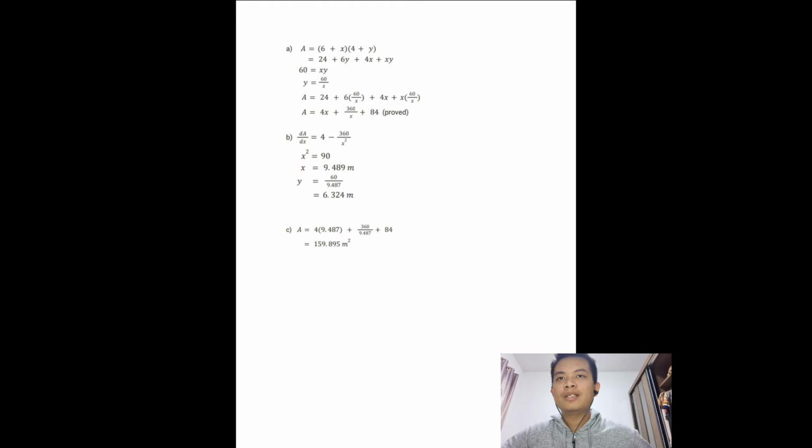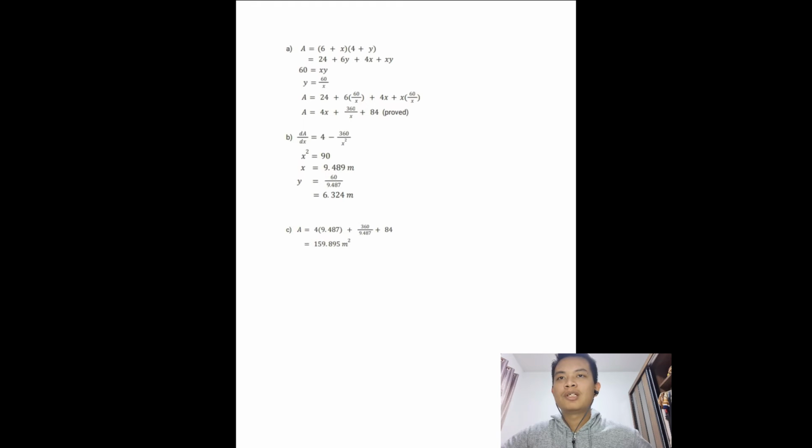The length and width are x and y, so x times y equals 60 meters square. I solve the equation, and it becomes y equals 60 over x. So I take the y value and insert it into my first equation, the equation of area of the flower border. So the final answer is 4x plus 360 over x plus 84, and I wrote here: proved.